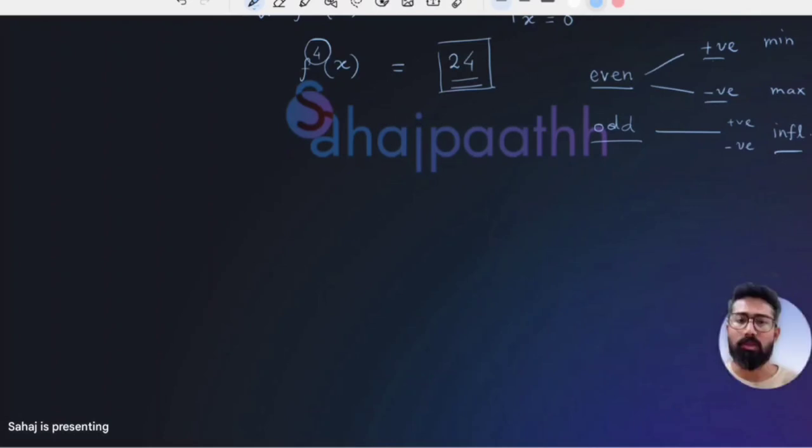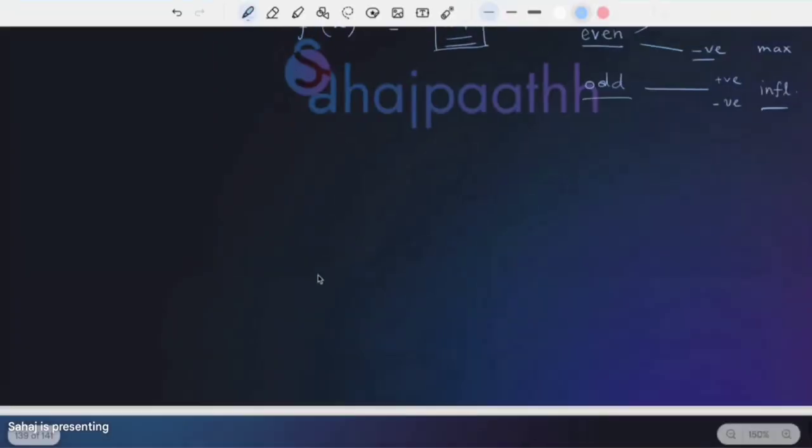x squared plus 1 by x squared. Let us see what the extrema of this function is, in the whole real range, x belongs to R. So you first of all take the first derivative.